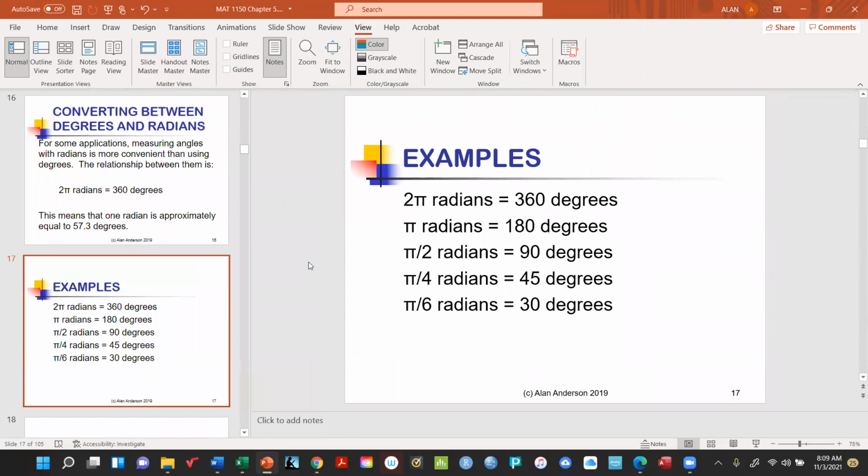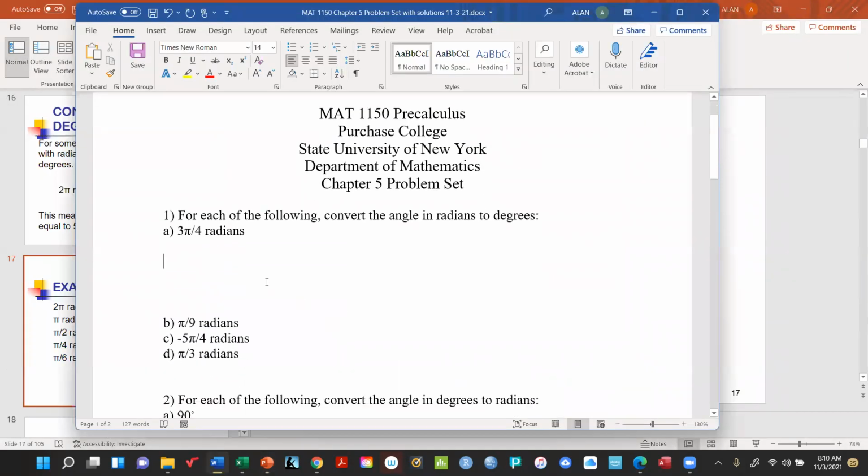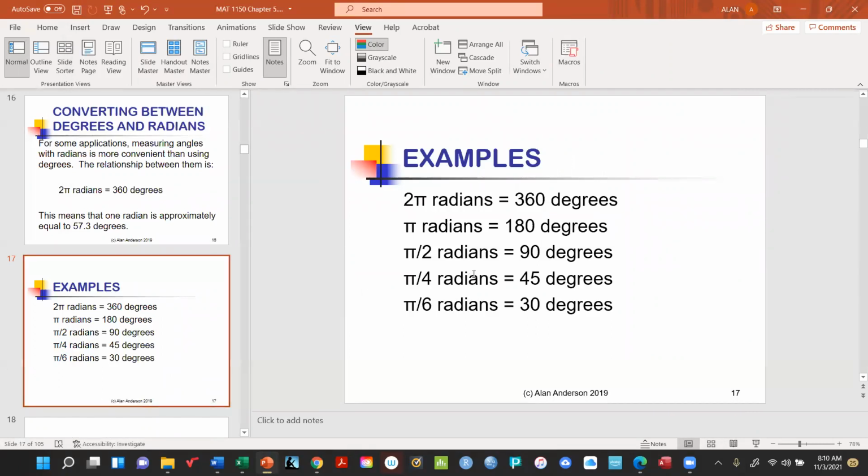All right, and again, this doesn't cover every single one of them, of course. But you should have no trouble figuring out once you see this chart. So for example, we're looking for 3/4 radians. According to this chart, 1/4 radian is 45 degrees. So basically that means you'll just multiply this by 3.